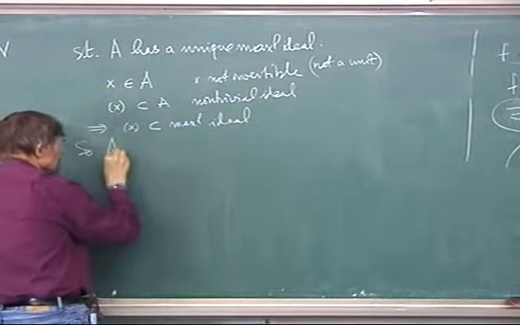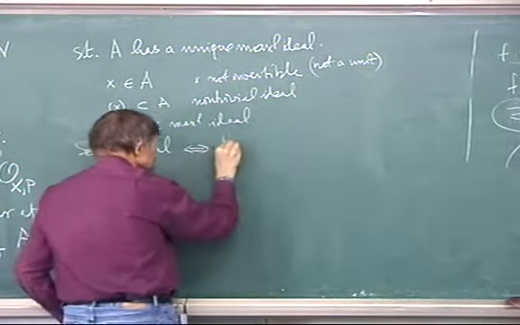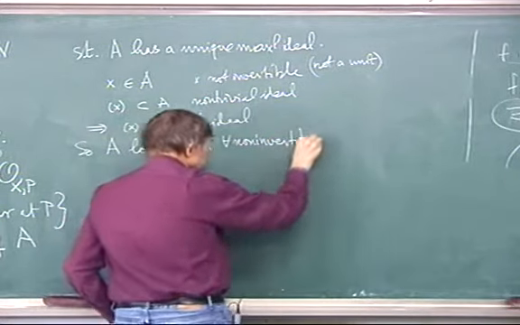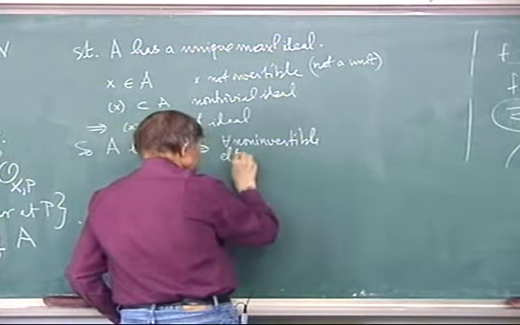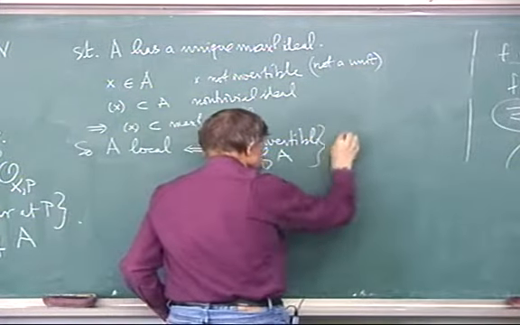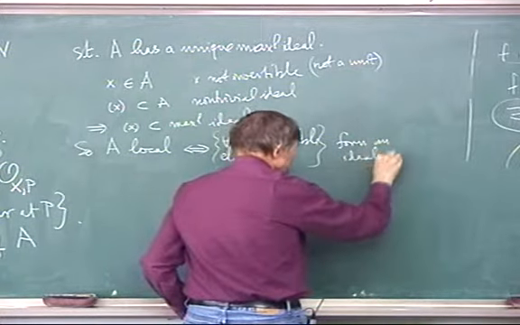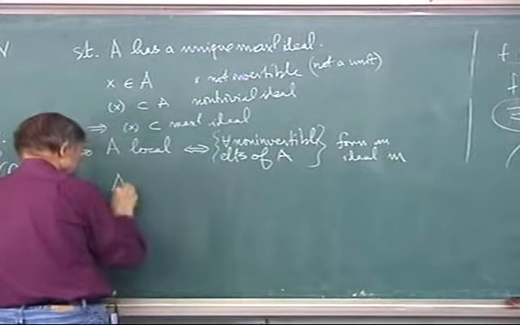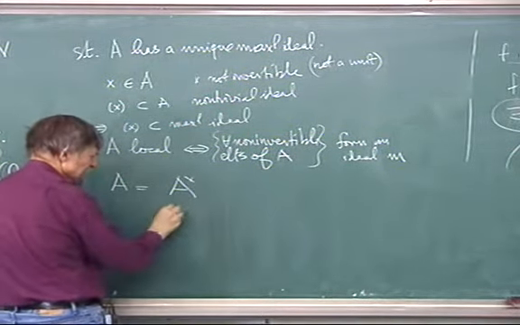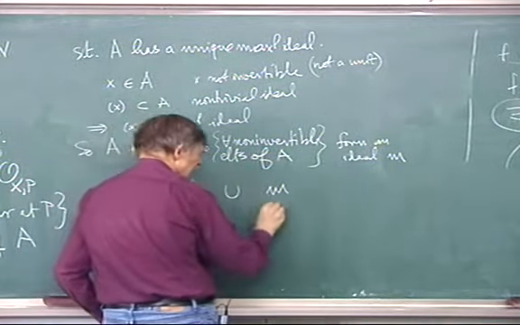So A is local if and only if all the non-invertible elements of A form an ideal M. So A is the units union M, and this is an ideal.